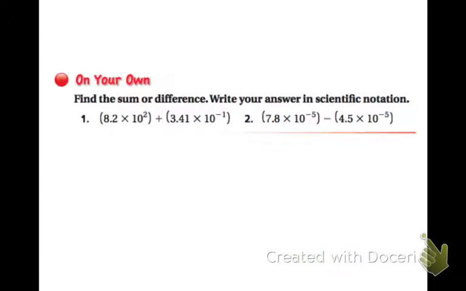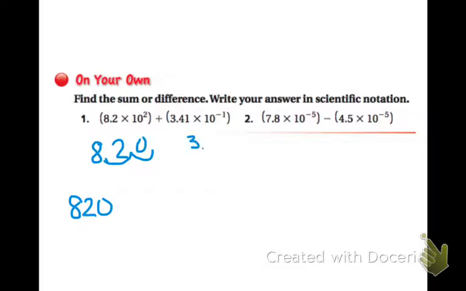So for the first one, again, since they're not like terms, I'm going to recommend you put them in standard form. 8.2, and then since it's a positive, we're going to go to the right. So we have the number 820, right, because we have to fill that in.